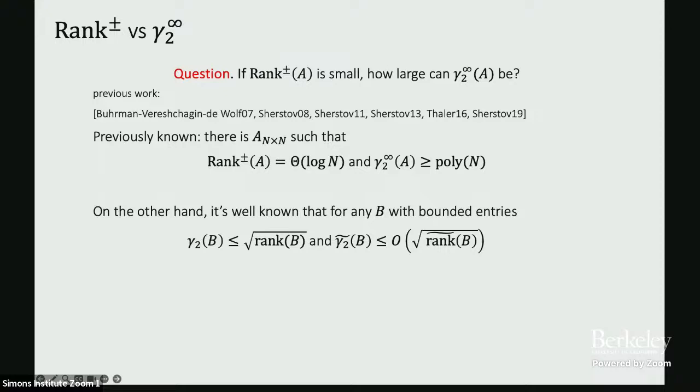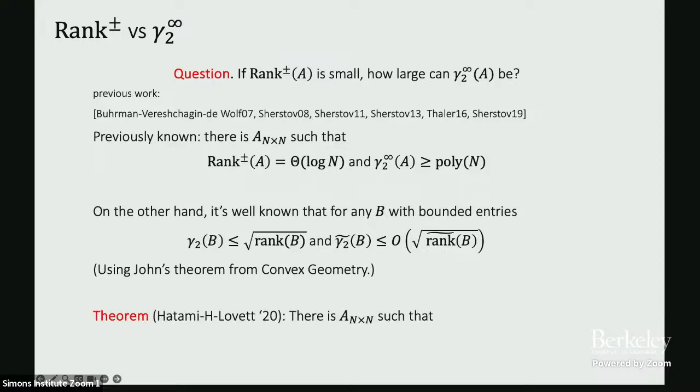The same holds for approximate gamma 2 norm. This is a non-trivial fact, which basically follows from John's theorem from convex geometry. So given that this is true for gamma 2 and approximate gamma 2, one might think that something similar can be done for the infinity version, so gamma 2 infinity cannot be too large if sign rank is constant, let's say.